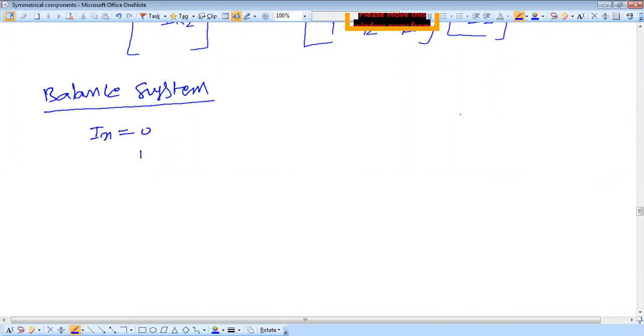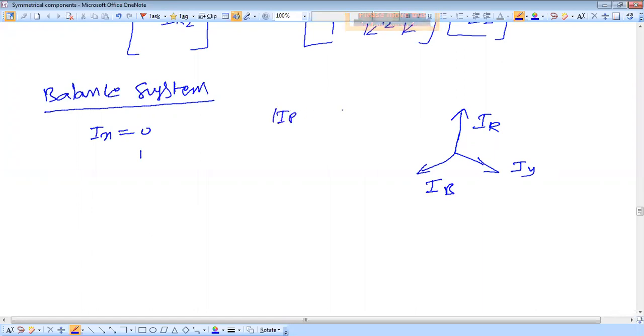We know that when the system is balanced, balanced means the IR magnitude should be equal to the IY magnitude, equal to the IB magnitude. This is the balanced system. In the balanced system, how will this IN become 0?